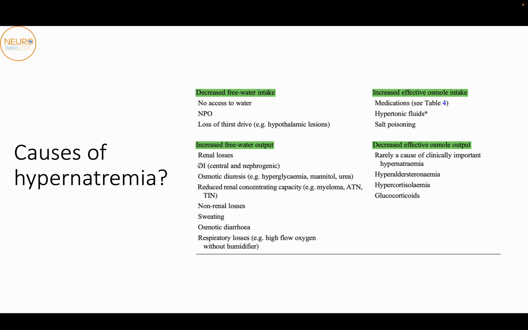The most important cause would be DI, either central or nephrogenic, or you're losing water somewhere else apart from the kidney. Apart from that, you can also have it because you've taken in a lot of effective osmoles, most likely because of hypertonic fluids being administered to you, or your amount of osmoles being put out of the kidney is lesser, as would happen in hyperaldosteronism and hypercortisolism.